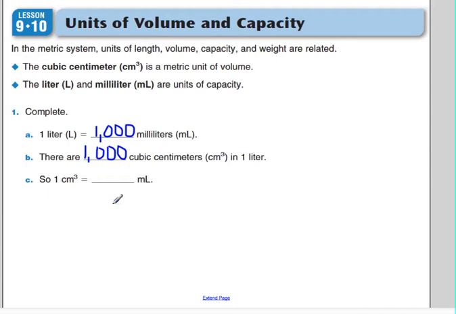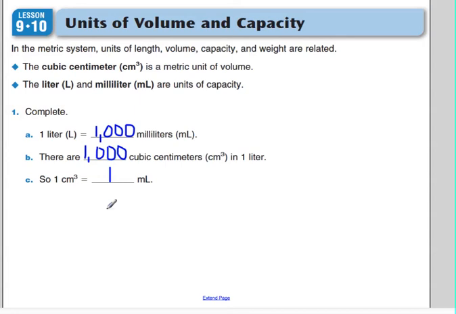So what's the relationship between 1 cubic centimeter and milliliters? It's a 1-to-1. 1 cubic centimeter equals 1 milliliter.